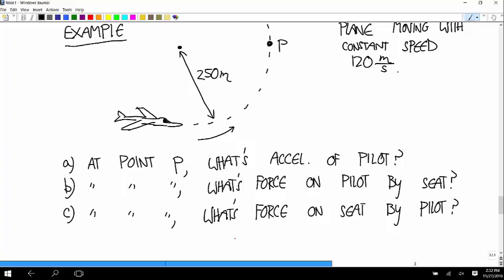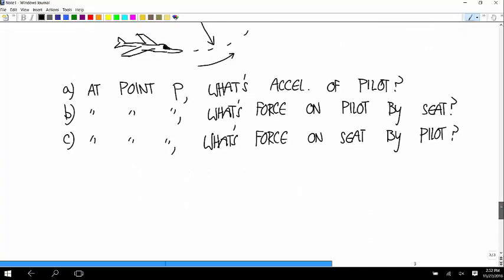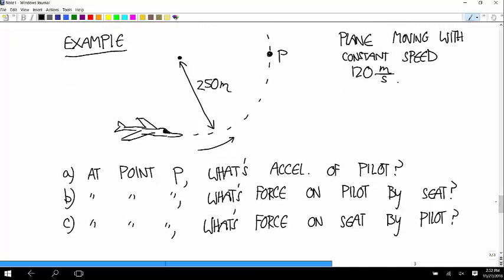You would want to know what kind of force the pilot is going to apply to the seat so that you know how thick the steel in the seat needs to be and stuff like that. And so the way we're going to figure out the force the pilot applies to the seat is we're going to calculate the force on the pilot by the seat and then just use Newton's third law. Okay? Any questions about this?